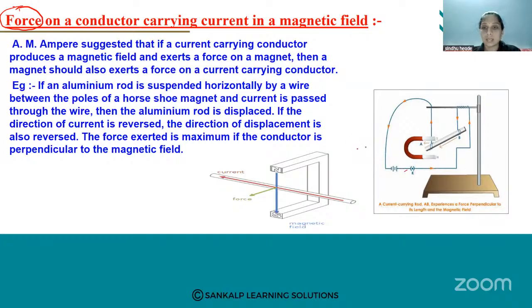See this image. Here we take one aluminum rod. This has two ends, side A and side B, right?